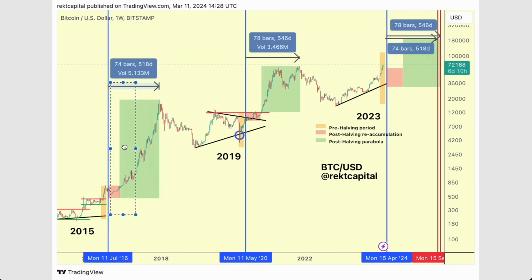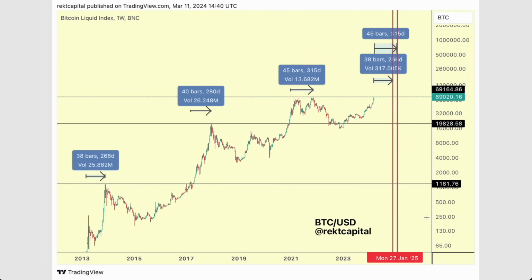That's something to really take into account, because if we saw history repeat and Bitcoin break to new all-time highs 215 days after the halving, we would have probably got something like this, where we top out potentially in mid-September or mid-October 2025.